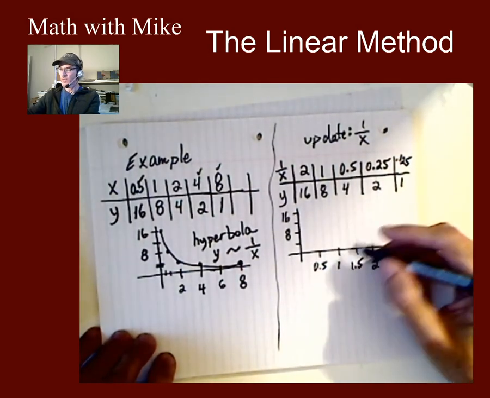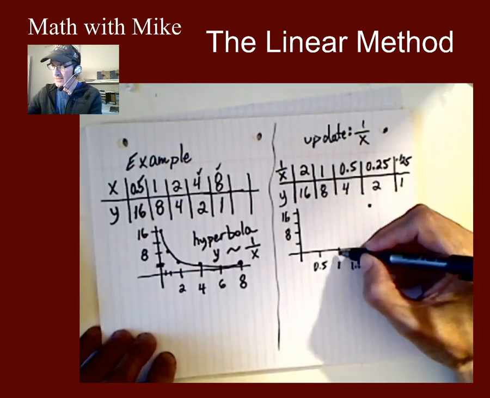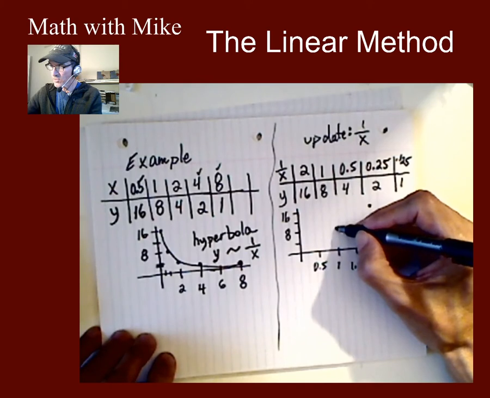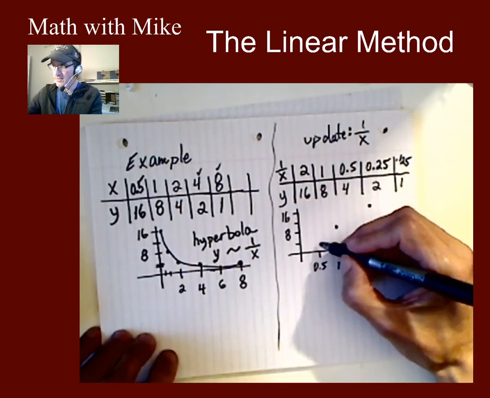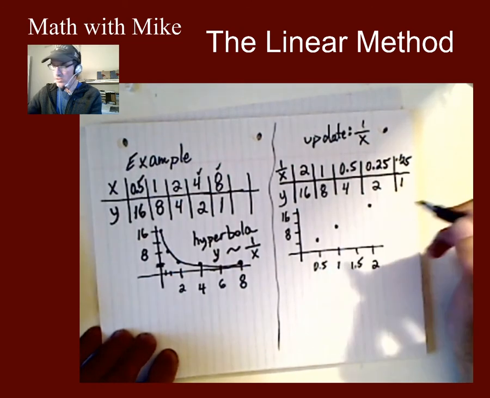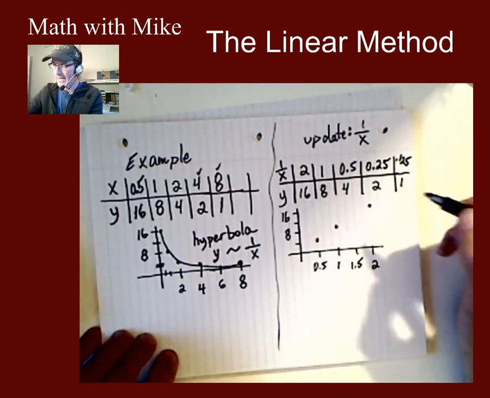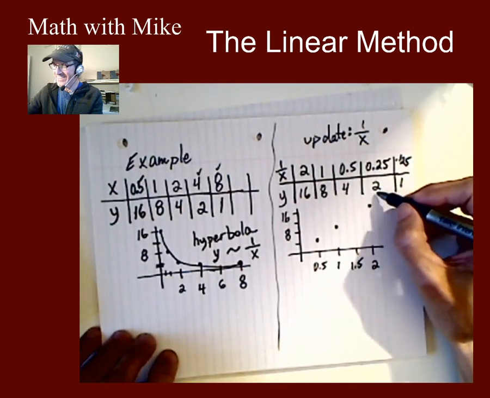So let's put them in. 2 and 16. I'm hoping somewhere there. 1 and 8. Somewhere there. 0.5. An awkward point, but hey, it's one of them and we need to get this line, so let's put it in there. And then 0.25 we could get in there. And that's at a 2.